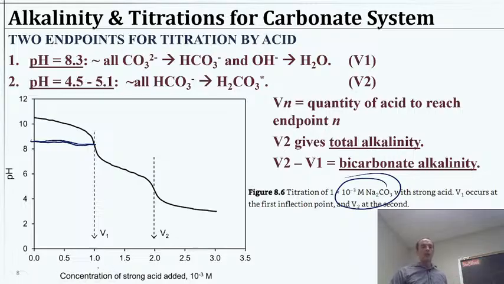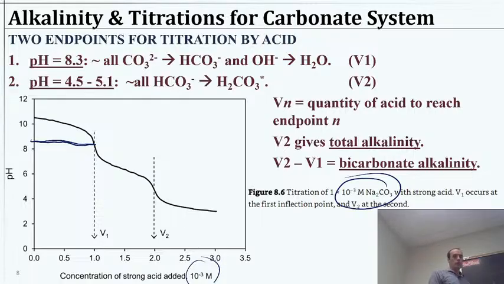Well, we just added exactly 1 times 10 to the minus third moles per liter of strong acid. So that's exactly enough to get us to that first endpoint. And in fact, we could relate that to the equivalence points we talked about in the past, but we're going to have 2 of them instead of 1 of them for our diprotic system. Okay, so that's our first endpoint, and we'll call that V1.